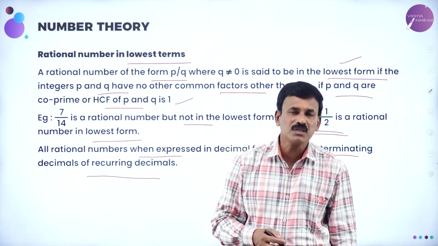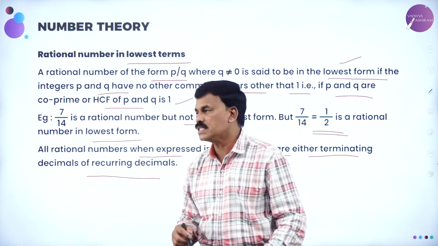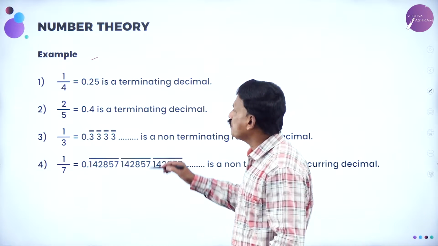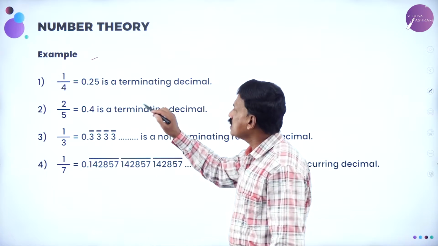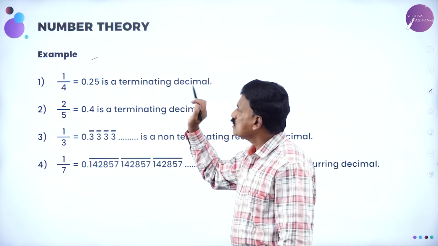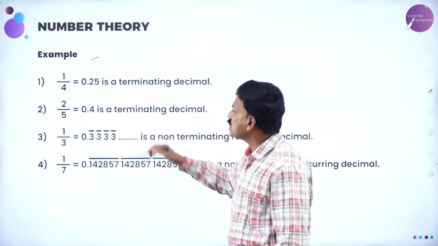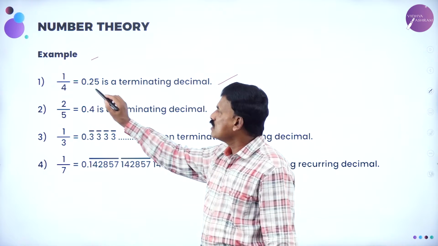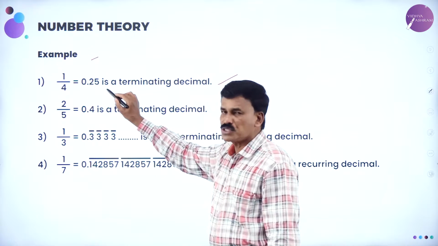Let me explain the meaning of terminating and recurring decimals. Now, let us come to an example. 1 by 4. If you divide 1 by 4, that is 0.25. If you put a point and take a 0, 10 by 4 gives 0.25, which is a terminating decimal. That means 1 by 4 is exactly equal to 0.25.